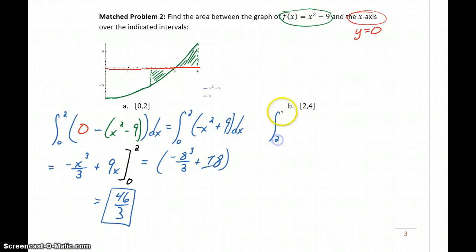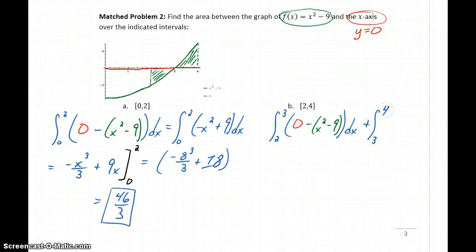The first will be from x equals 2 to x equals 3, so this first region where y equals 0 is taking on the larger function values. So that'll be 0 minus x squared minus 9 dx, and then plus the integral from 3 to 4.